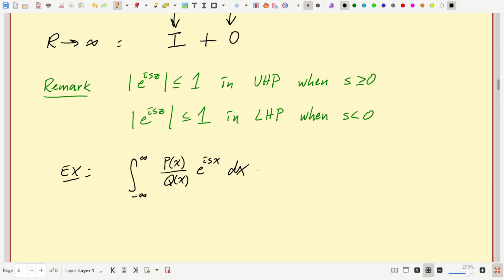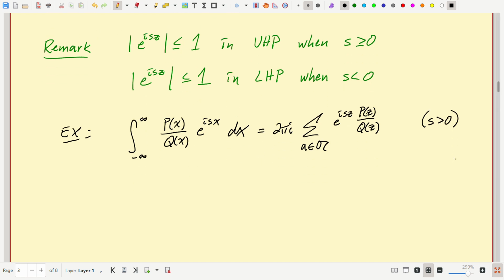And you could calculate that using exactly the same proof, and those facts I have in green there. That'd be 2 pi i times the sum of the residues of that set A. And this would be residues of e to the i s z, p of z over q of z. And this would work when s is positive, with the same proof, basically.